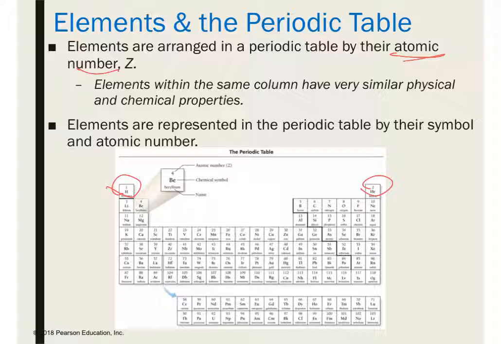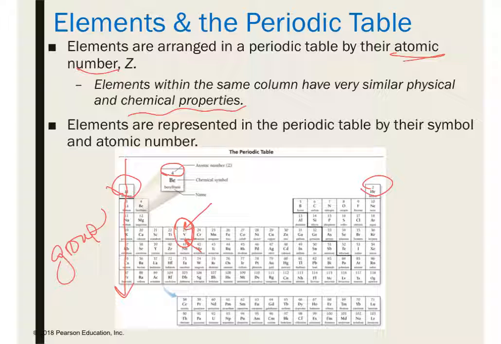You'll learn this again later, but elements that are in the same vertical column, which is a group, have similar physical and chemical properties. We'll learn why later also. So you need to be able to know what all the numbers are for each element on the periodic table.